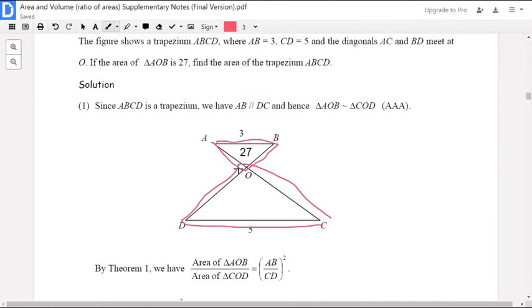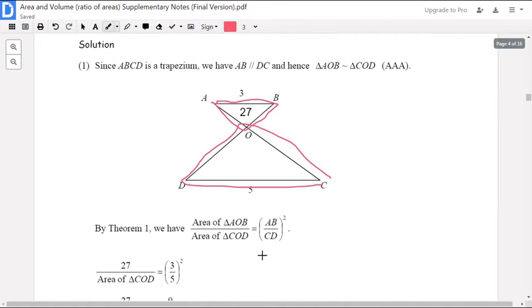The ratio of the area of triangle AOB to the area of triangle COD will be the ratio of the lengths of corresponding sides and then squared. So substituting the values: area of triangle AOB is 27, area of triangle COD is unknown, AB is 3, CD is 5.